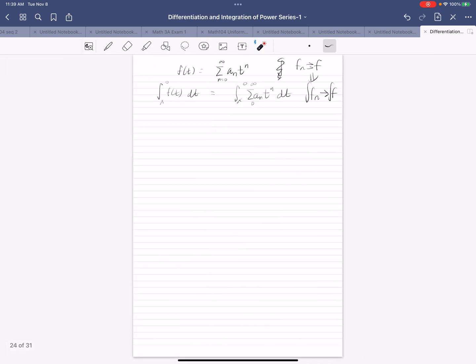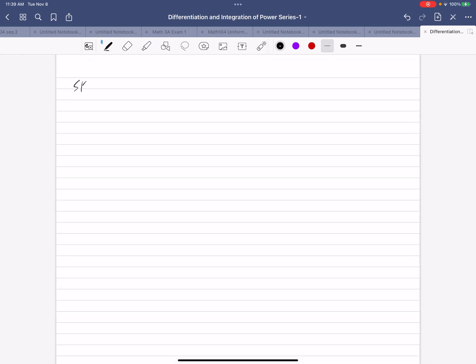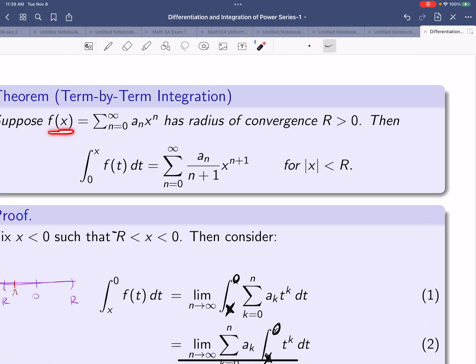So let's go ahead and walk through this. Let me get a fresh page here. Okay. So we're starting off with our integral from x to 0 of f of t dt. Here's our sketch. So the integral from x to 0 of f of t dt is going to be equal to, first thing I'm going to do is just replace f of t with the power series here, because if t is in between x and 0, then f of t is equal to this limit, right?